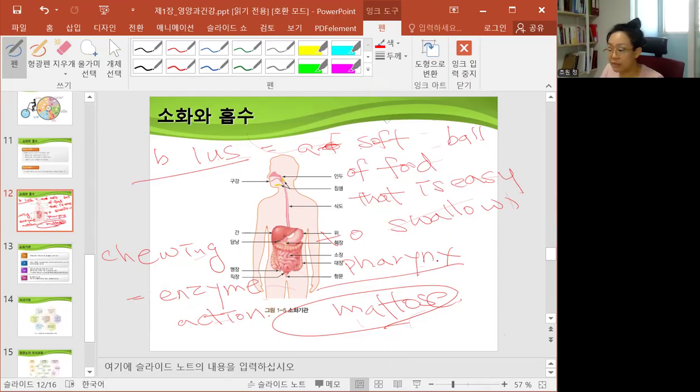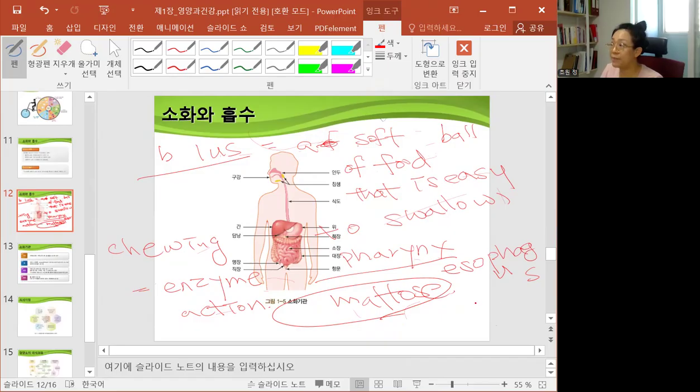Pharynx, and esophagus. So, to summarize the main points, let's start with the mouth. The mouth is where digestion begins.